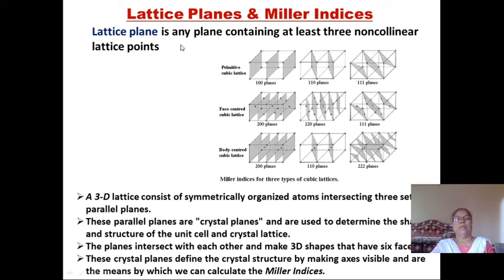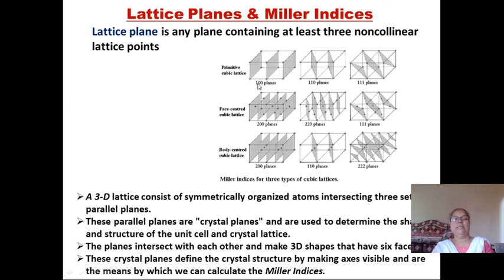So let us see the next point of your syllabus: the lattice planes and Miller indices and Weiss indices. Here, a lattice plane is any plane containing at least three non-collinear lattice points. These are the primitive cubic lattice planes.